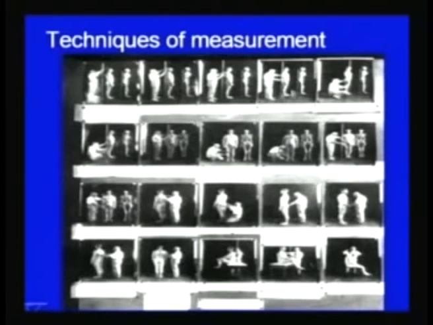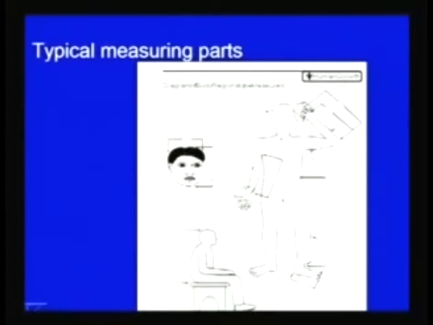And these different diagrams show the way by which the dimensions of the different body parts in different positions are measured. Here you can see the different body dimensions have been given and the way by which they are measured.